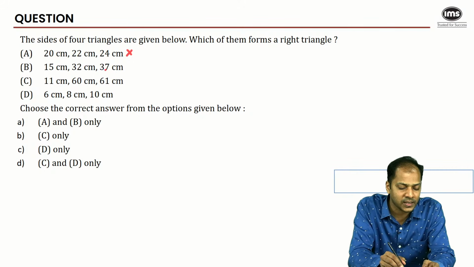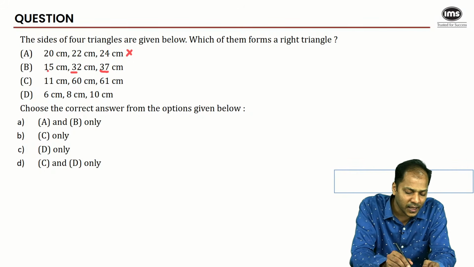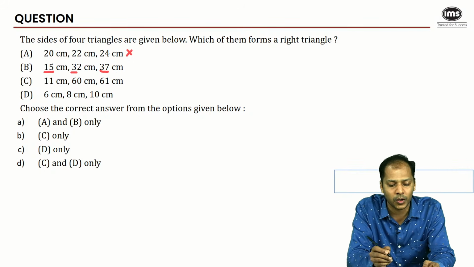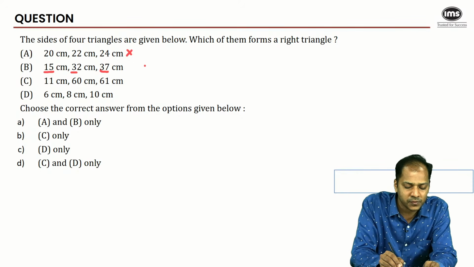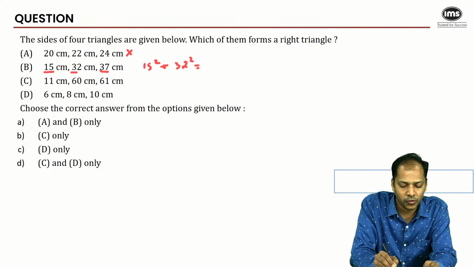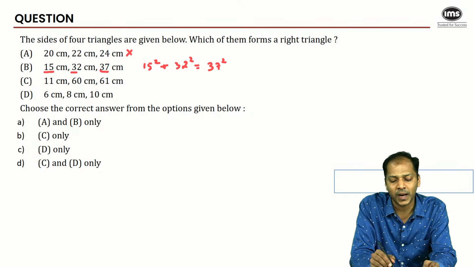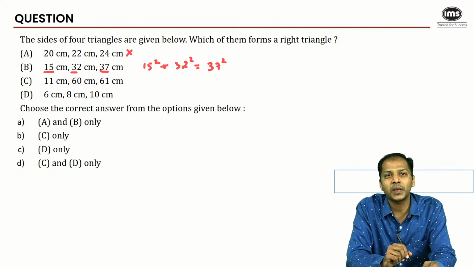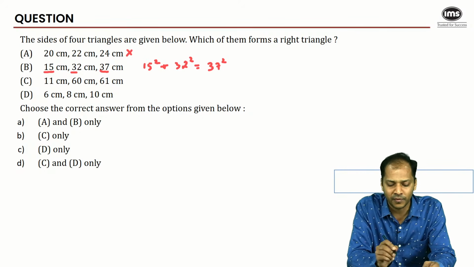15, 32, 37. Now this sometimes you could end up solving a lot. What you could do is, if this were a right angled triangle, 15 square plus 32 square would be equal to 37 square, which would mean the difference between 37 square and 32 square should be equal to 225.